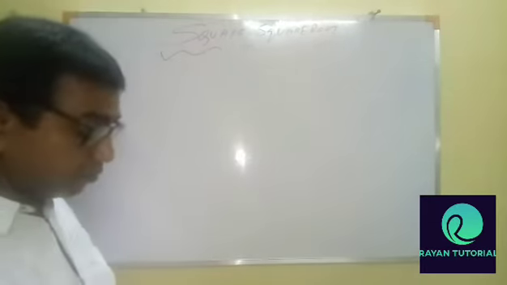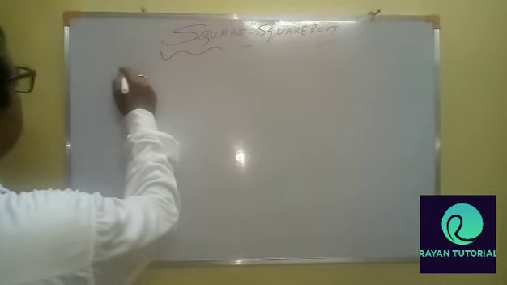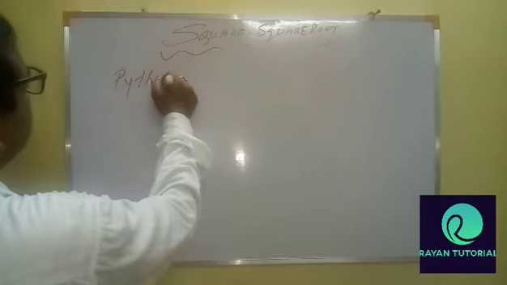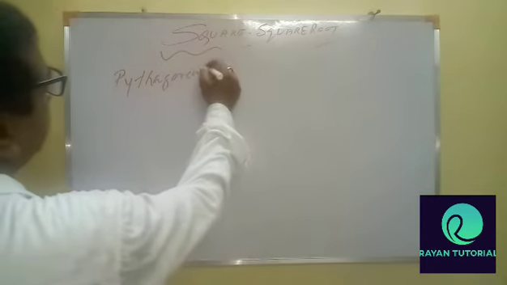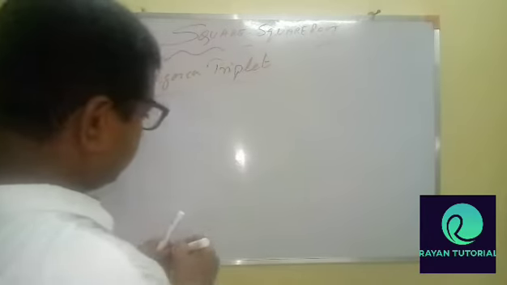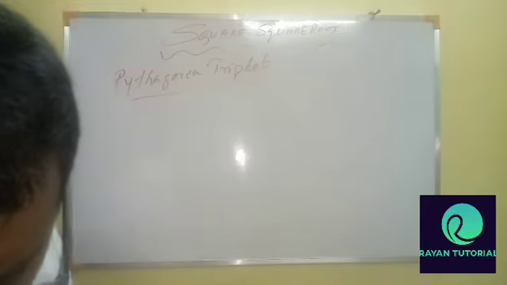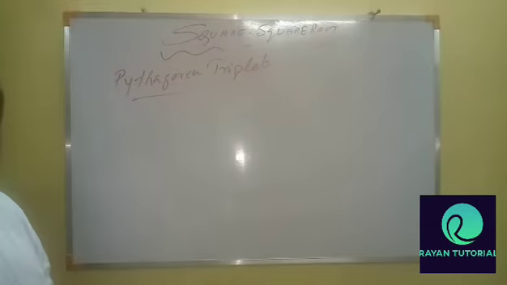Okay, one more thing. Pythagorean triplet. This is nothing, let me take one example. Wait.